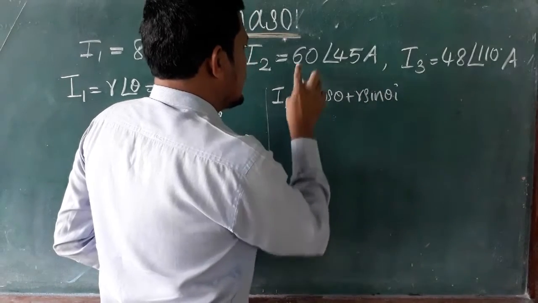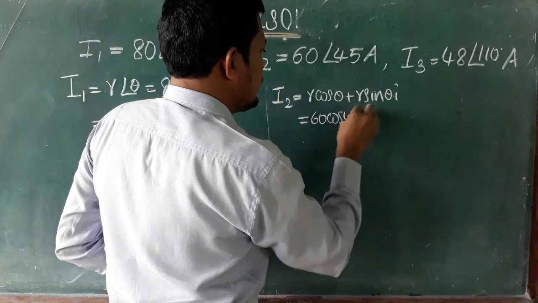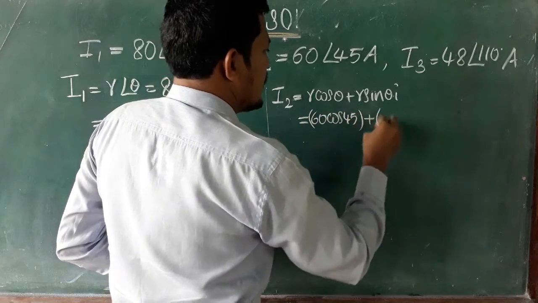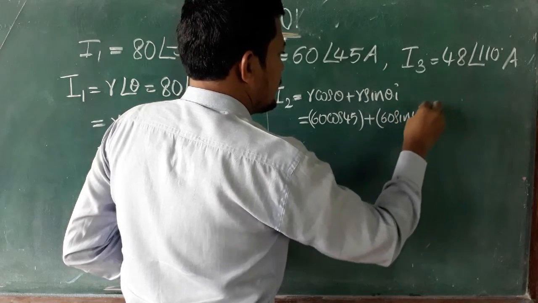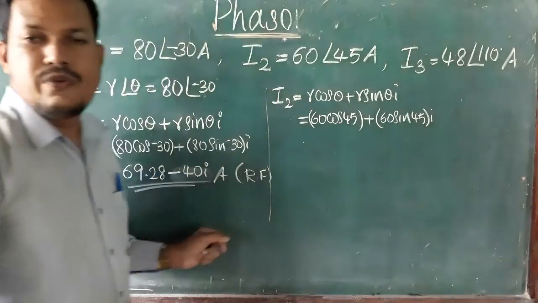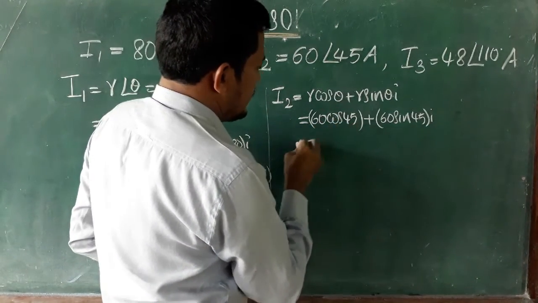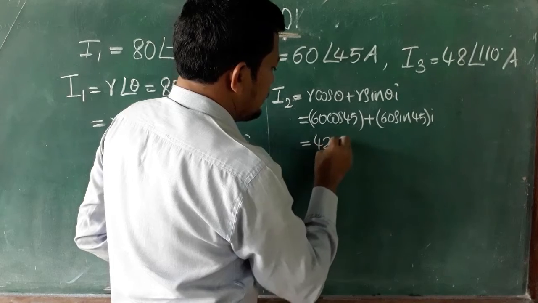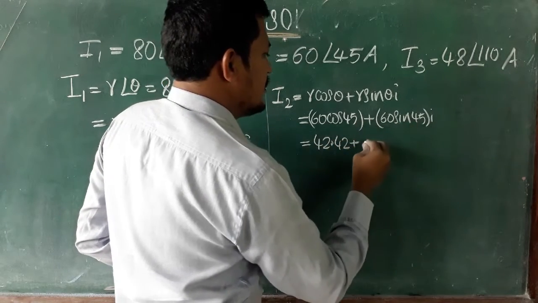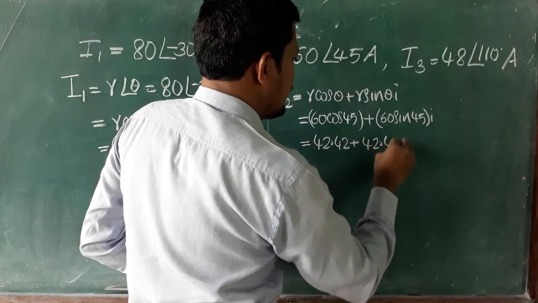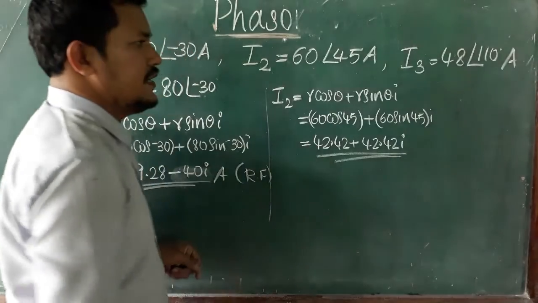So we get R is 60, cos 45, plus 60 sin 45 i. So cos 45 into 60 is 42.42 plus 60 sin 45, that is also the same value, 42.42 i. This is the rectangular form of I2.